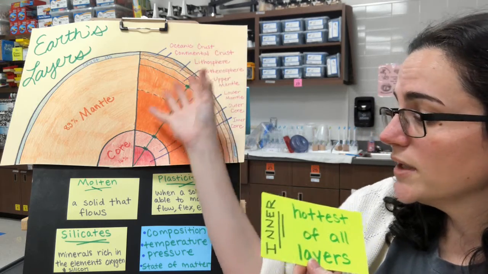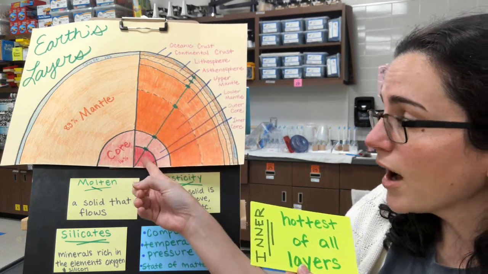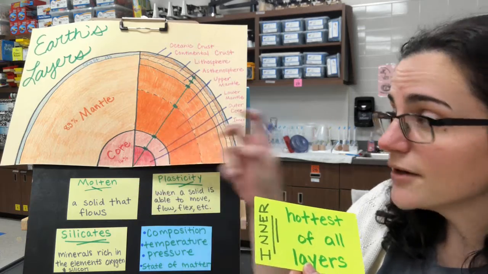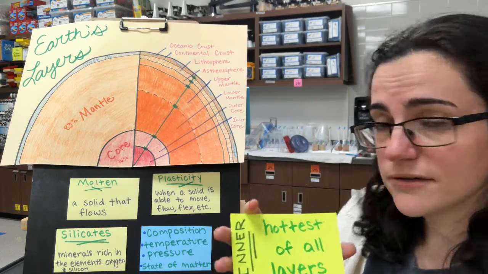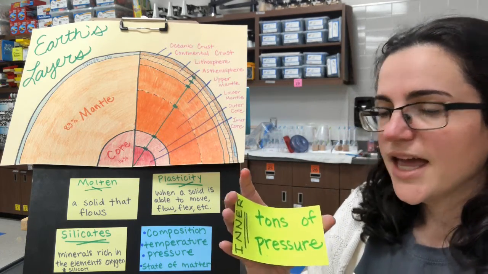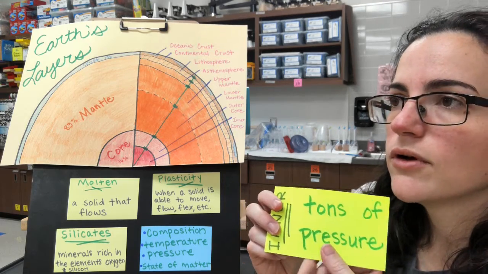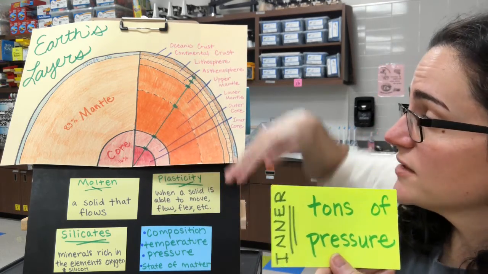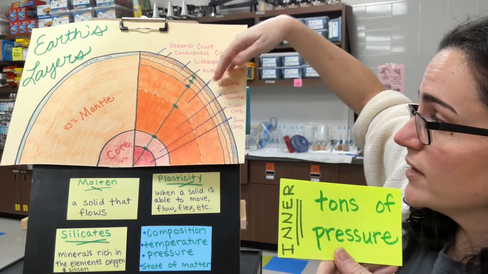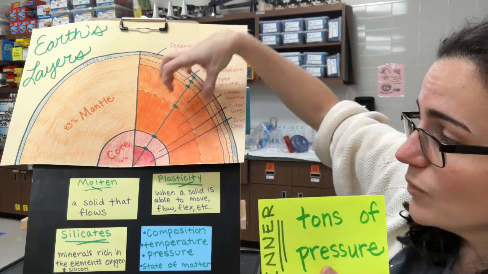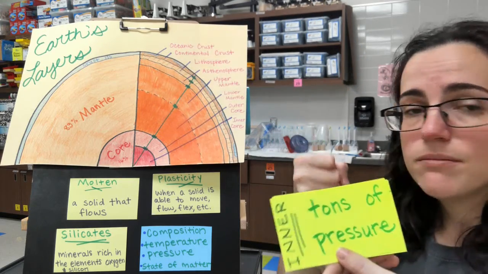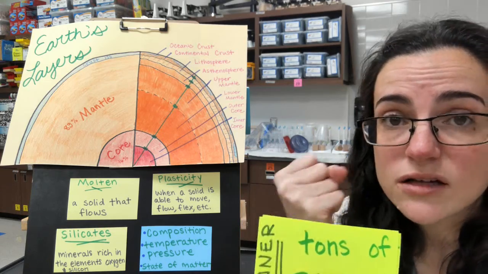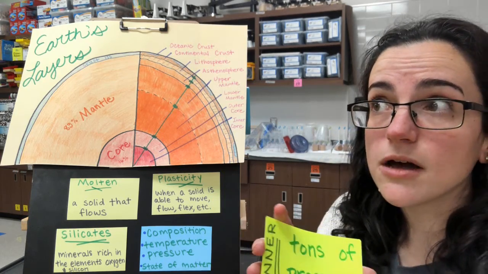So not only is the inner core the hottest layer of all the layers inside Earth, it has a ton of pressure because of everything that's sitting on top of it. So pressure, weight, pressure, that is what made it into the solid core that it has become today.